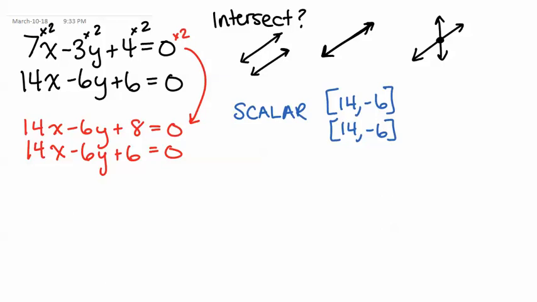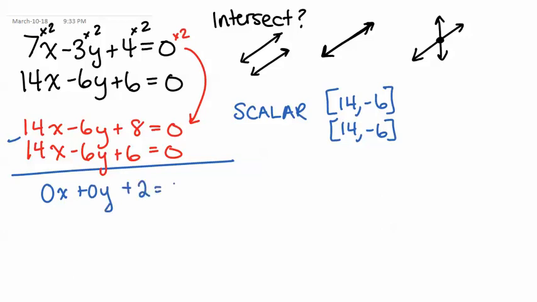So if my coefficients in front of x and y are identical, then my lines are either parallel or coincident. If we subtract the two lines from each other, 14 minus 14 gives us no x's, negative 6 minus negative 6 gives us 0 y's, and 8 take away 6 is 2.